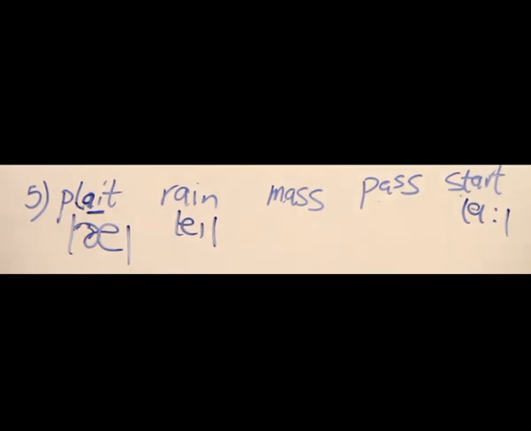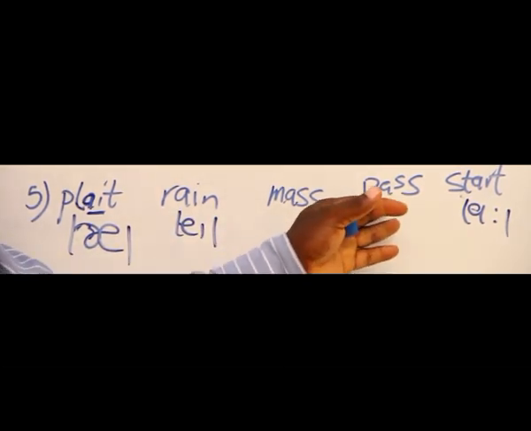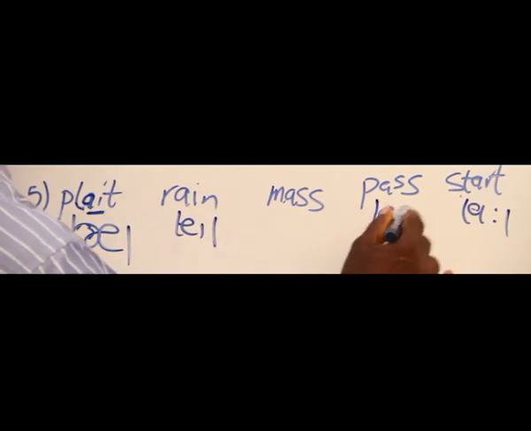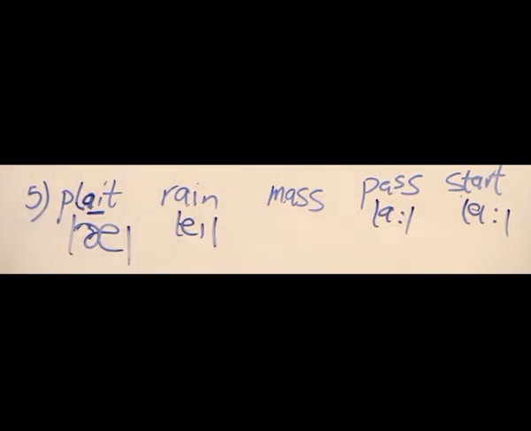Now that leaves us with options B and C. Now let's take option C. Now the rule is that when A comes before the fricatives, most likely what it produces is also the long R. So having said that, now we will ask, what about mass? It has the same fricative coming after the letter A. Yes, option B is an exception.